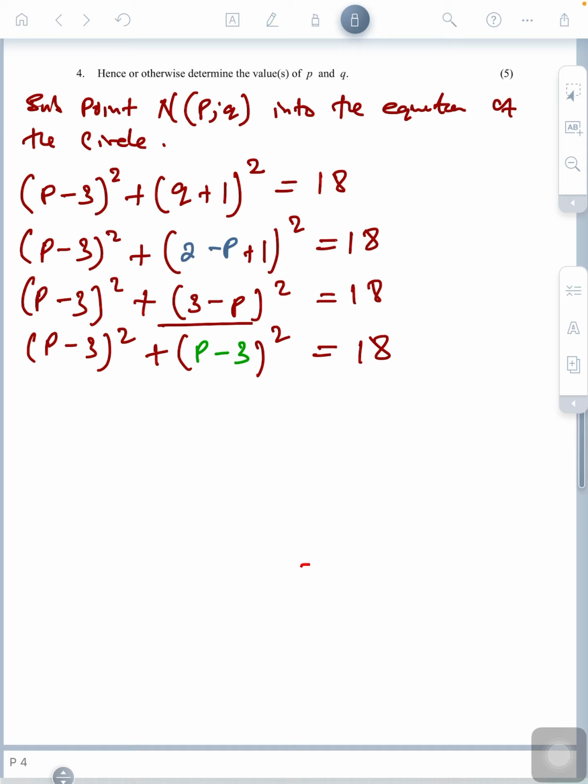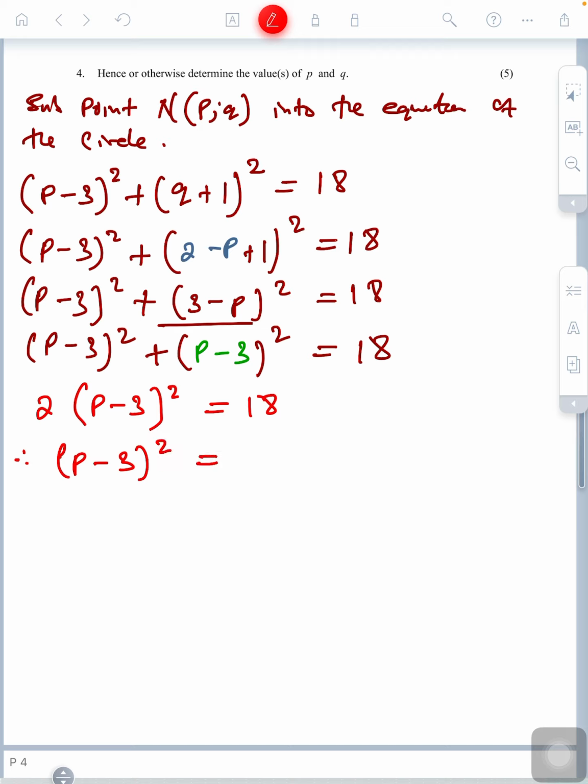And then now I'm going to say to myself, this is twice the same stuff. So it's going to be 2 times (p minus 3) all squared equals 18. Then now I can divide everything by 2. I'm going to get (p minus 3) all squared equals 9 if I divide everything by 2.